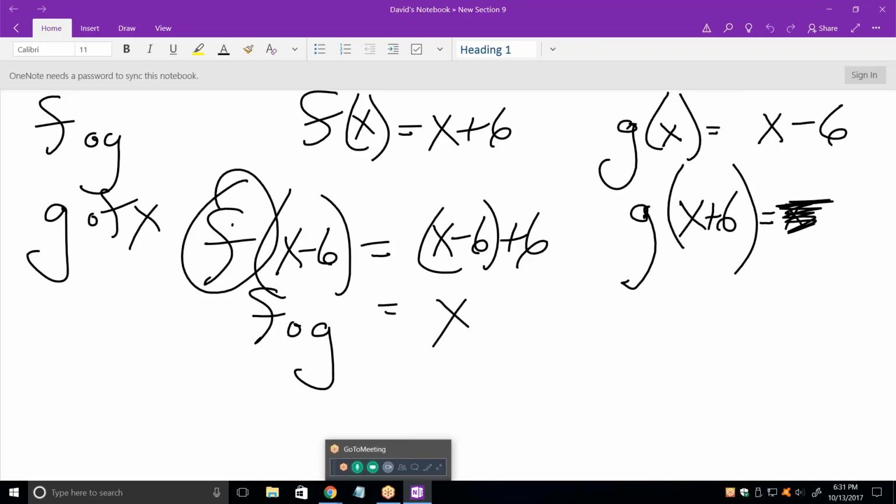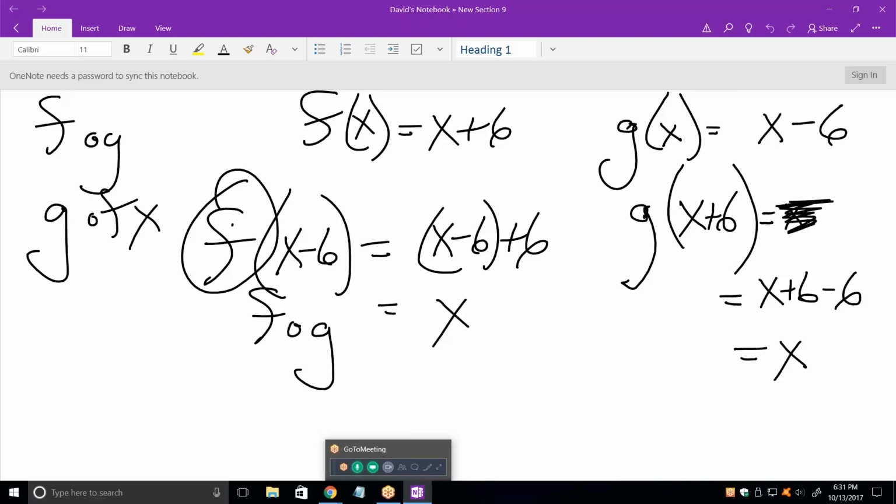The question was not, are these inverses? The question is, what is f of g and what is g of f? So we have to do both. We're doing g of f now. Okay, well, you'd plug the x plus 6 into the g equation on the x, so it'd be x plus 6 minus 6, which is equal to x.